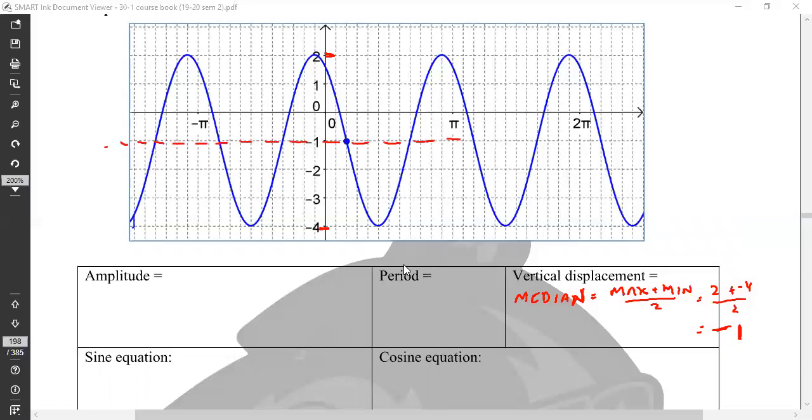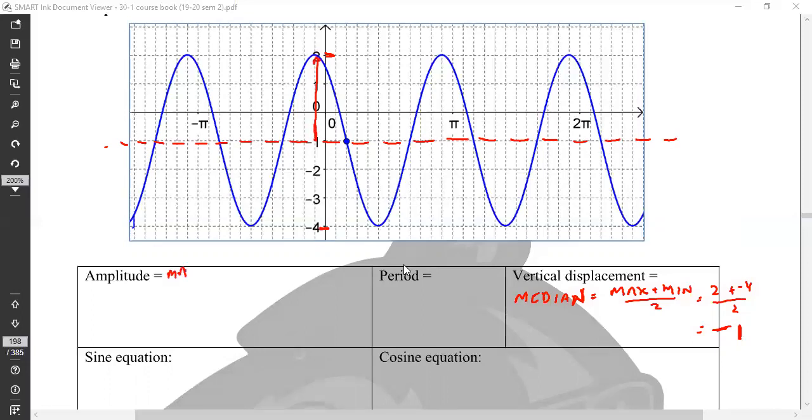Do you need to do all that algebraic work to find it? Well, not necessarily, but it's good to, especially if it's kind of obvious like this one, from -4 to 2, it's kind of clear that -1 is right in the middle of that. So there's your median line. I like to start with that because my amplitude is now going to be how much up from our median we are.